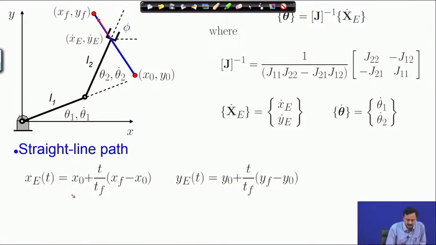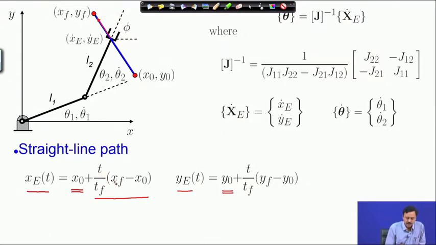So, here since we start with x naught, this is the x coordinate of the end effector. So, we start at x naught and we move linearly in time because of this additional term. So, you can see at time t equal to 0, I am at x naught, and similarly at time t equal to 0, I am at y naught.